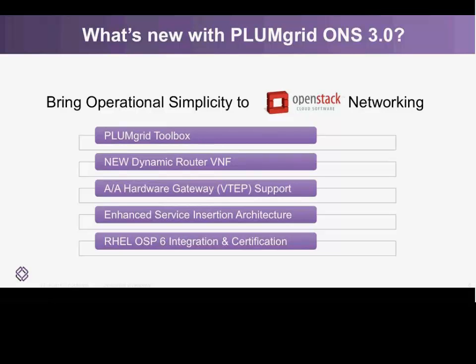The fourth bucket is around our service insertion architecture, where we're bringing some enhancements from workflow and user interface support. As some of you might be familiar, our service insertion architecture is a powerful component of our solution that enables us to augment the functionality present within a virtual domain, not just with PLUMgrid VNFs, but with third-party components in general.